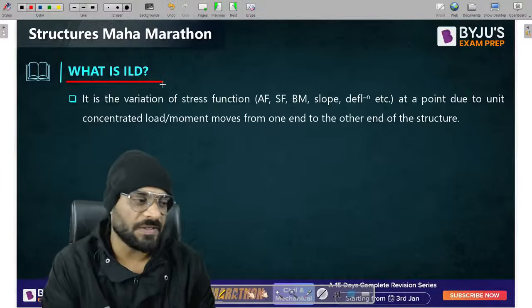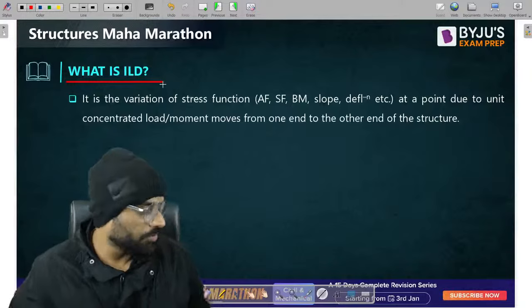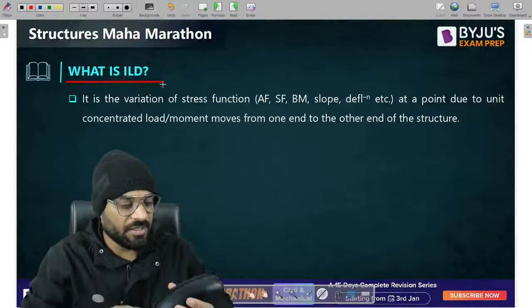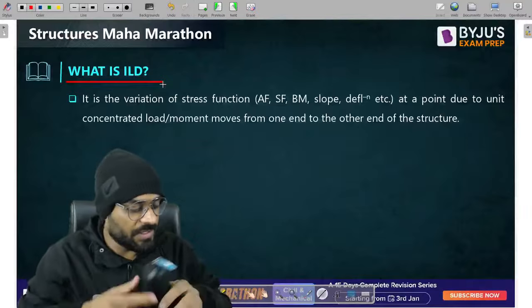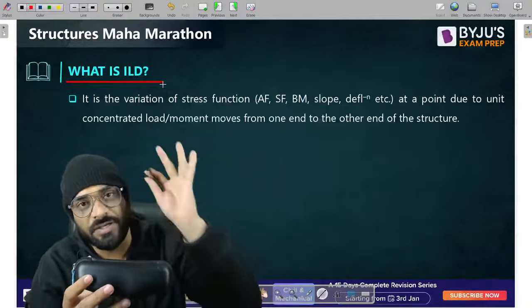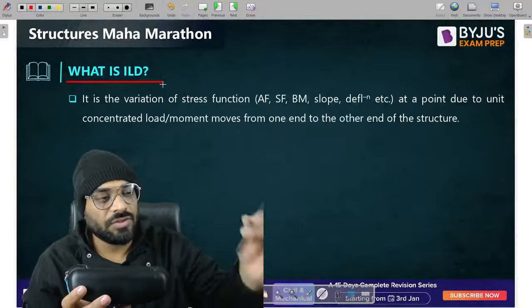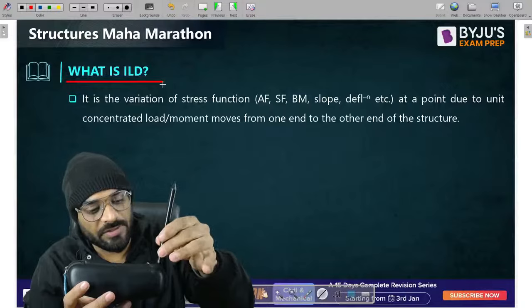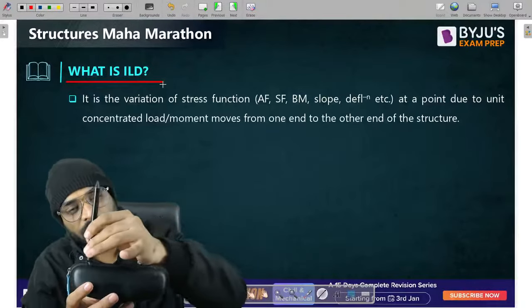Now the question is, if I have a live load, what do you mean by live load? A live load can move from one point to another point, right? That is basically a live load. So let us consider a live load which is moving from one point to another point. Let us suppose this load is trying to move from this point to this point, like this. Correct?